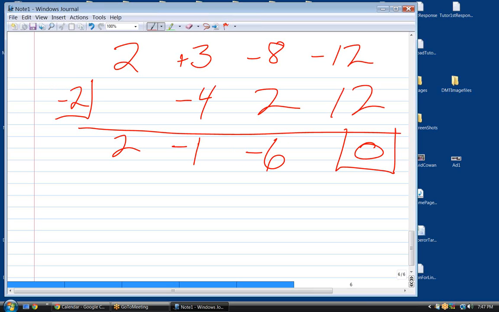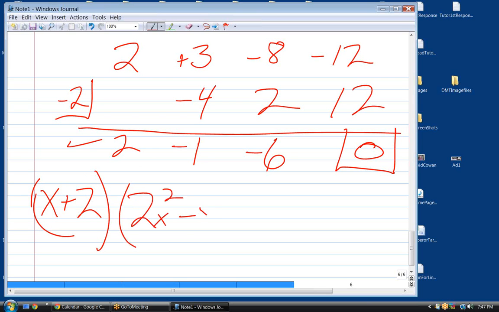So what that means is that -2 is a root, which means a factor is that. My remaining factor is that quadratic: 2x squared minus x minus 6.